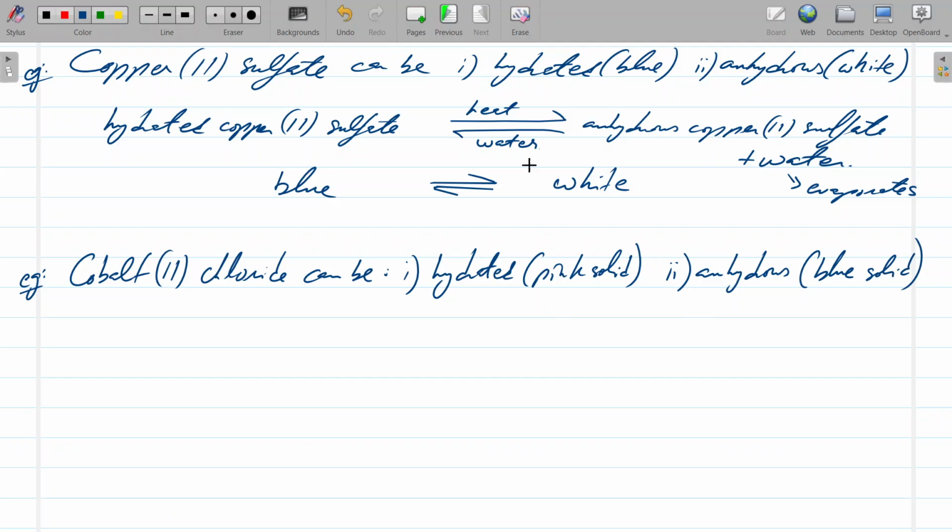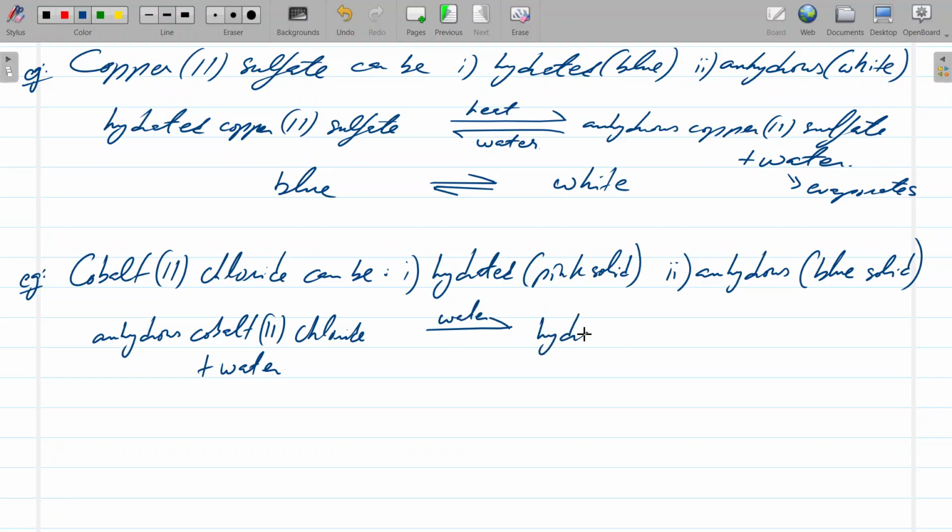And so for this reversible reaction, we can write it this way as well. You've got anhydrous cobalt 2 chloride plus water. Going this way, you're adding water, and you are getting hydrated cobalt 2 chloride.